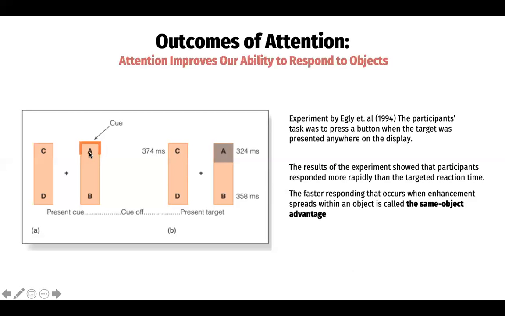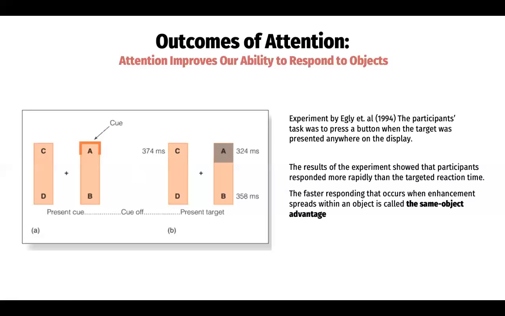However, the most interesting result is that participants responded more rapidly when the target was presented at B, with a reaction time of 358 milliseconds, than when the target was presented at C, where the time is 374 milliseconds.